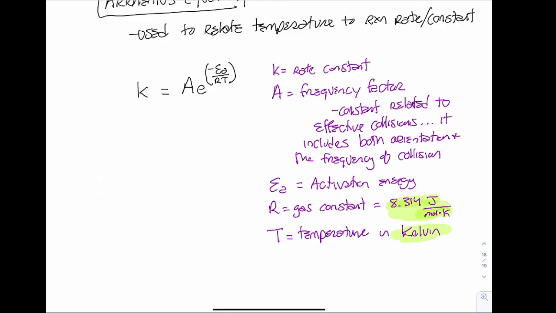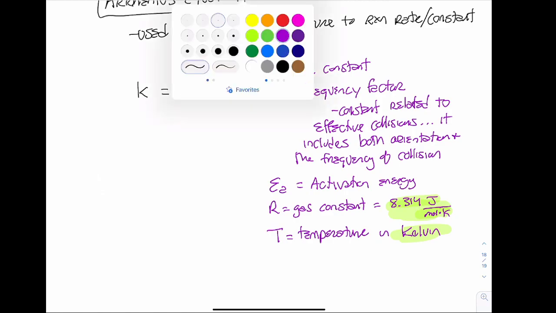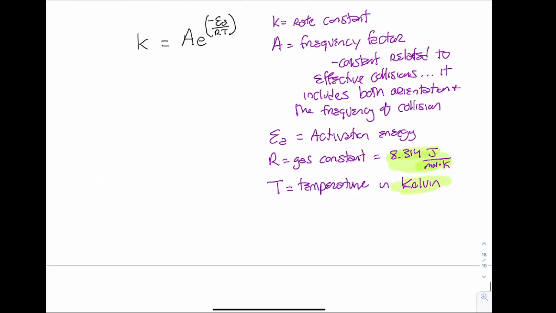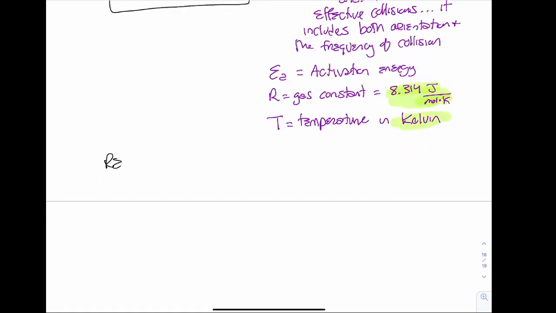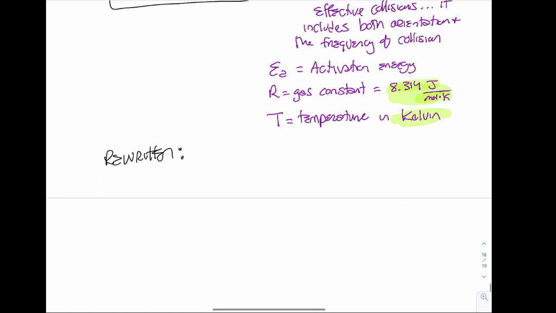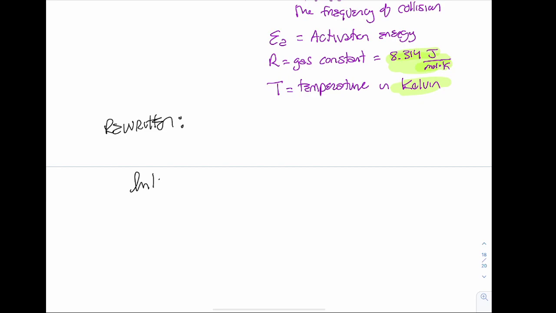We are going to rewrite this. It's not unheard of to use this form, but generally we're going to put it into a slope-intercept form. We're going to put it into the equation of a line. And don't worry about the derivation. I'm just going to give it to you. So rewritten, I'm going to have the natural log of k, right?